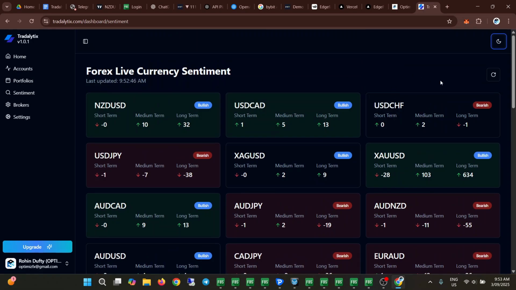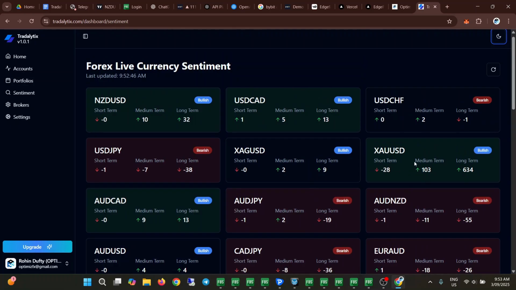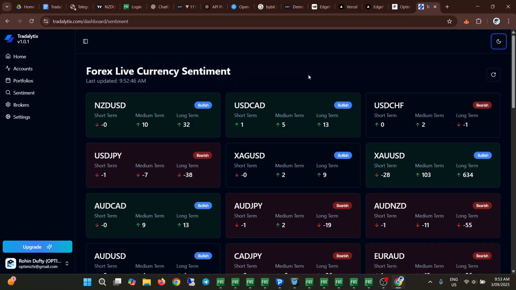Every time you refresh it, this will all update, and it will do a fetch and get all these currency pairs and have a look at what the sentiment is for the currency pair. It's a really good tool to use for your manual trading. If the sentiment is bullish, which I don't know if this is right, I'll have a look, but yeah, you can use that for your manual trading.